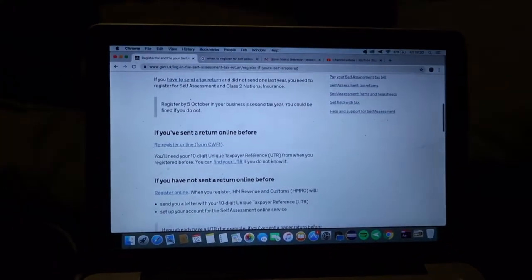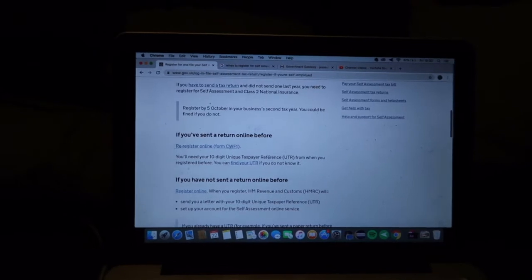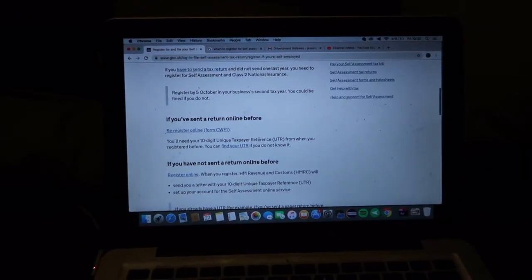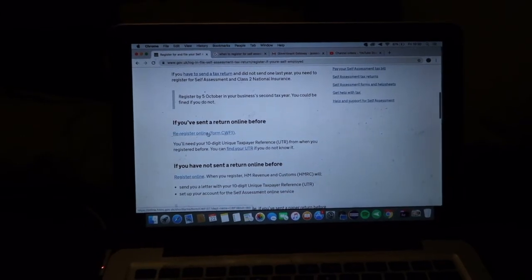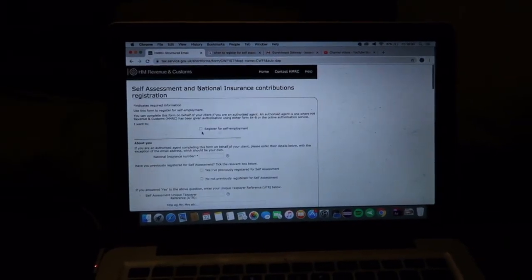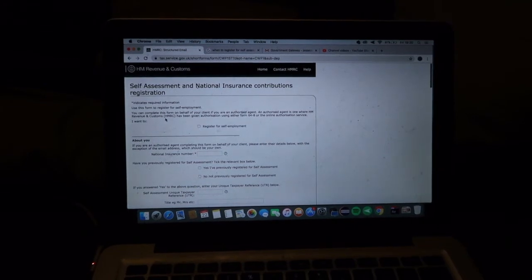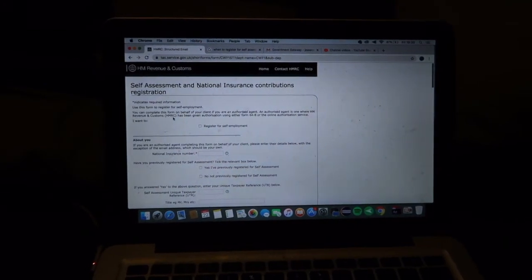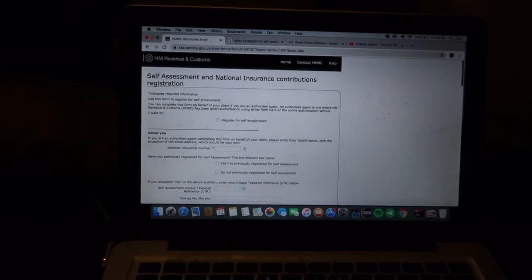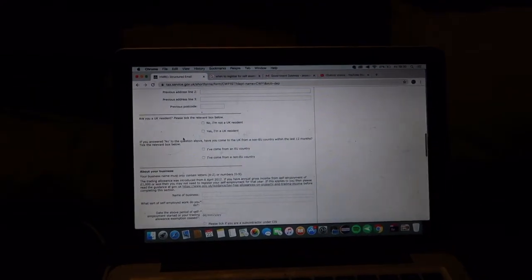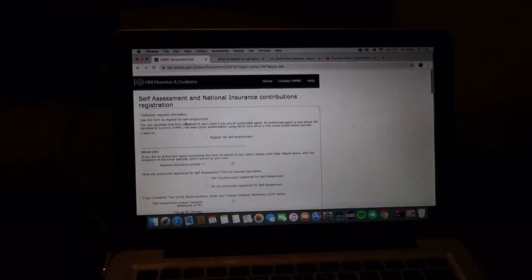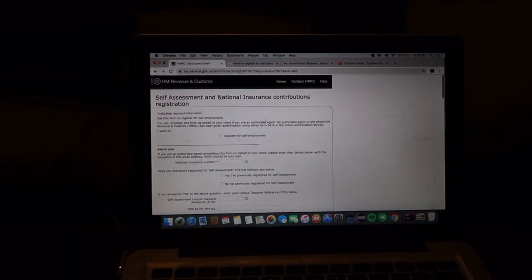This process will be slightly different for me because I've already actually registered before, so we need to re-register online using form CWF1. So let's go through this. It's quite a short form. I think if I'm right, the first time I did this, I actually did it on a paper-based form. It was like one sheet of A4. So I'll fill this in and I'll get back to you after.